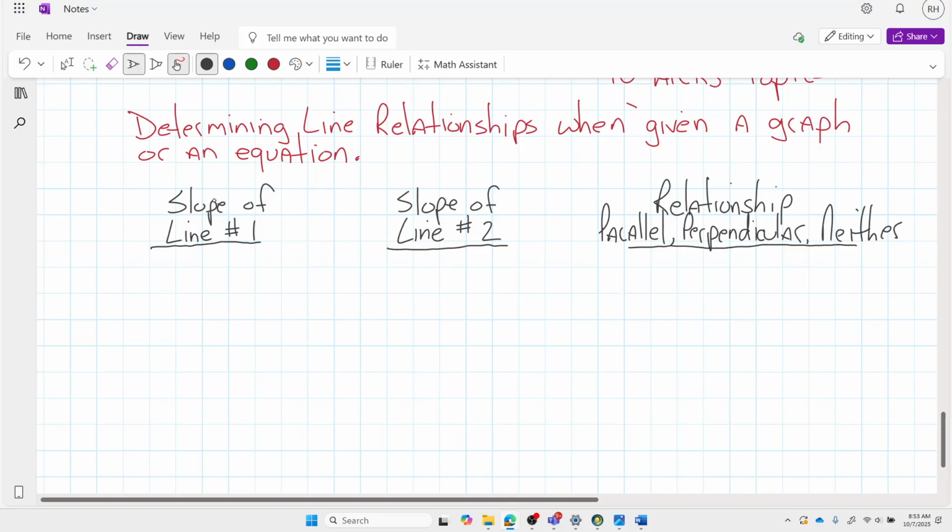All right, so we're going to say if the slope of line number 1 is 2/3, whether you got it from a graph, or you got it from points, or you got it from an equation, and the slope of line number 2 is 2/3, what is the relationship of the lines?